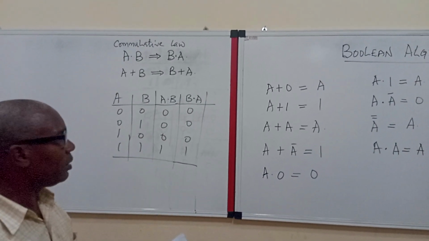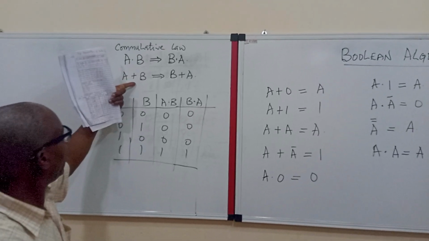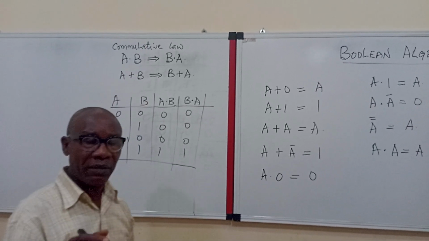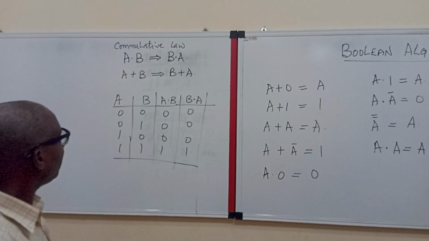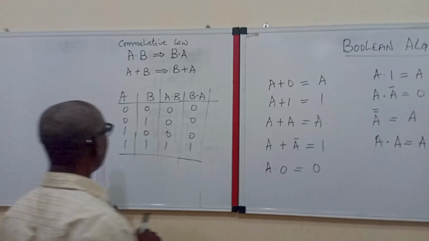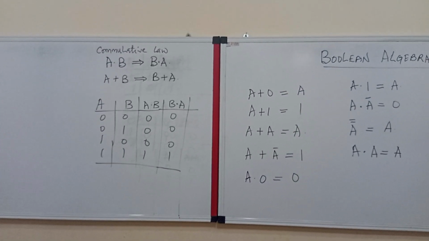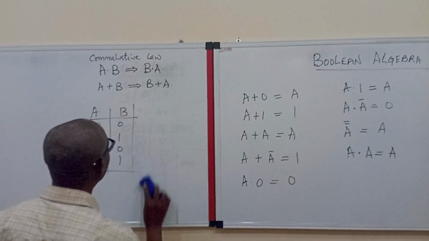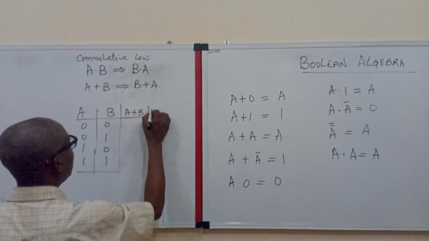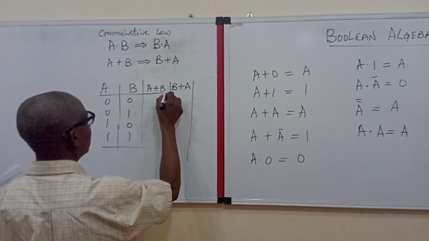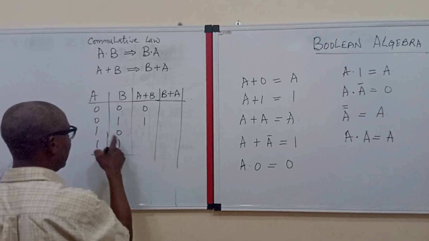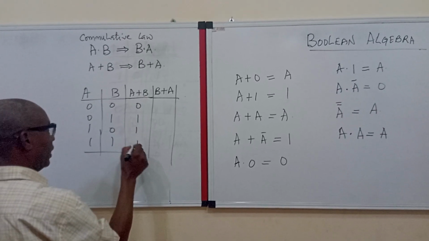Now let's try the truth table with the OR operator, to prove the commutative law. Although the mathematicians will use other ways to prove it, we are using the truth table for now. So if we have A and B, we convert this to A or B. We do A or B, and we also have B or A. Now, if you do A or B, you have 0 there, 0 and 1, we have 1 there, 1 and 0, we have 1 there, 1 and 1, we have 1 there.